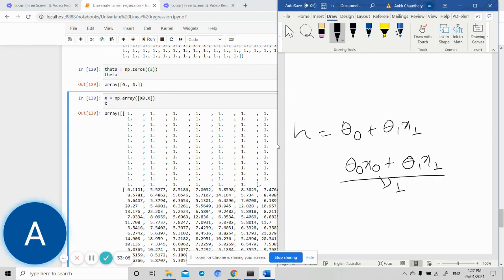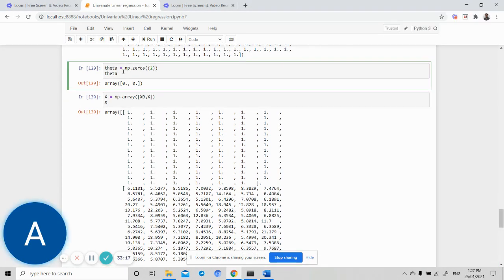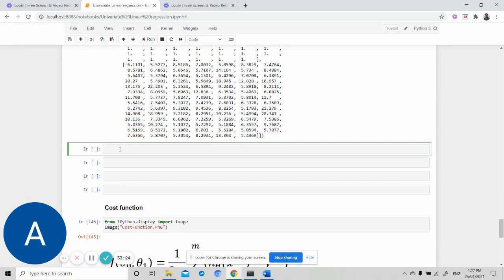So in order to have this multiplication, we need matrix multiplication. Hope that makes sense. So I have my one array and one random theta values, that is 0, and another is my array.